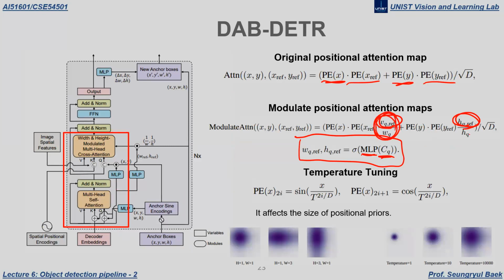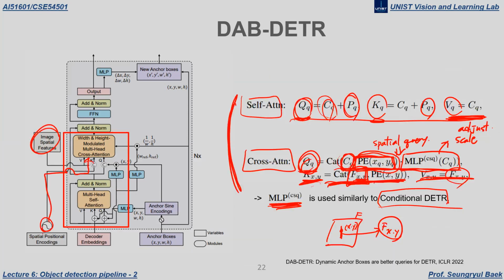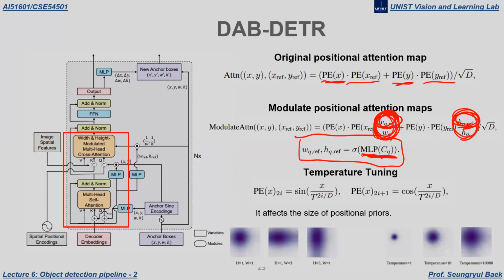This width and height is inferred from the query, and they are multiplied when making the actual attention. The query and key values are constituted the same as in conditional DTR. However, when calculating the attentions, this additional width and height information is used.